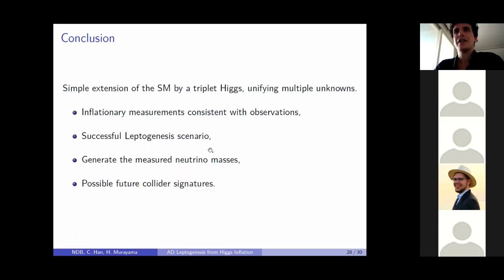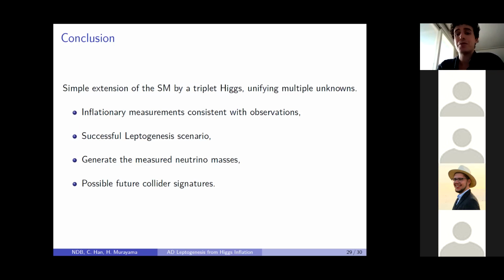In any case, to conclude, what we're considering is just this fairly simple extension of the standard model based on a triplet Higgs. In doing so, we've been able to use that triplet Higgs to set up an inflationary setting in concert with the standard model Higgs boson. The inflationary observations are well within current constraints and are very good.